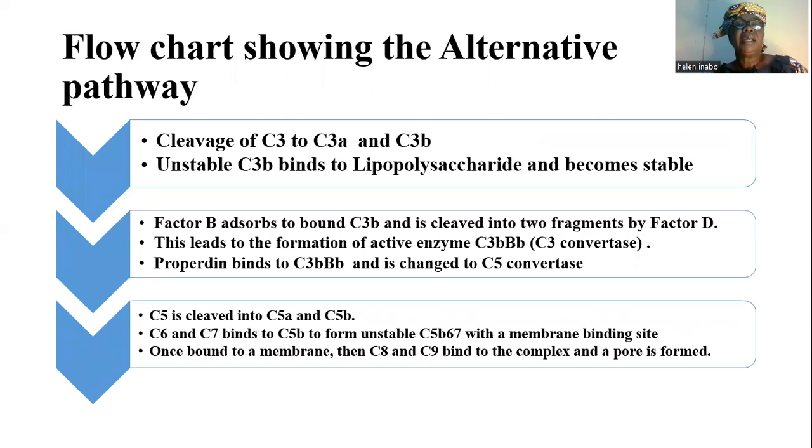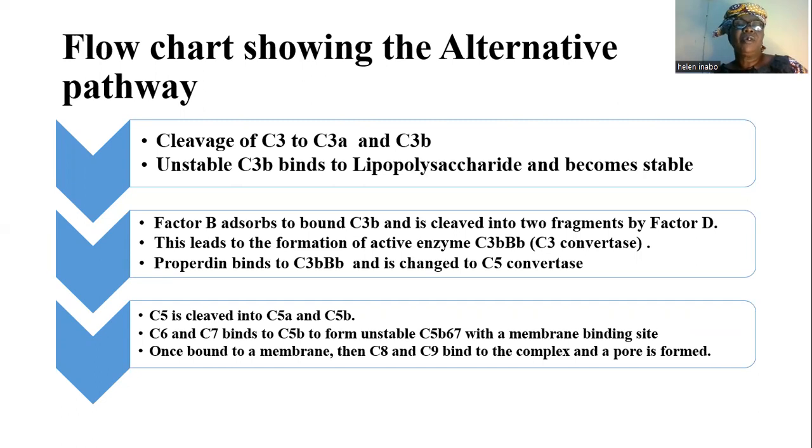Here is the flow chart showing the alternative pathway. Quickly, the C3 component is cleaved into C3A and C3B fragments. The C3B is unstable until it binds to the lipopolysaccharide and it becomes stable.